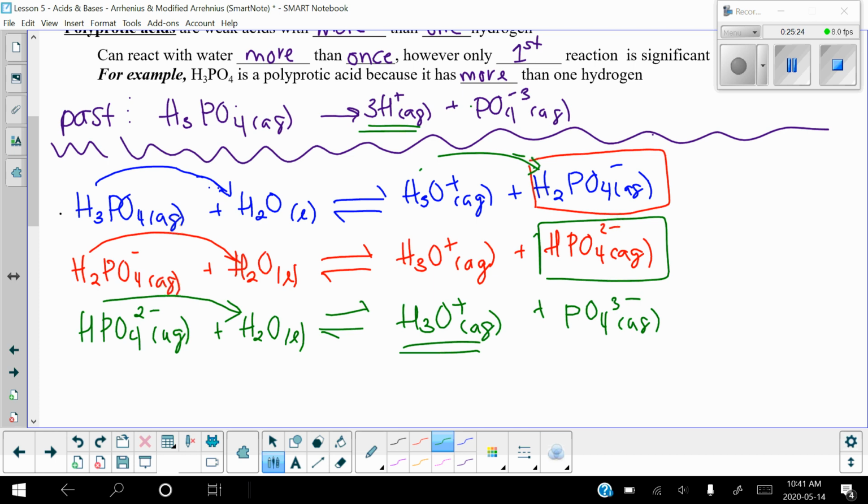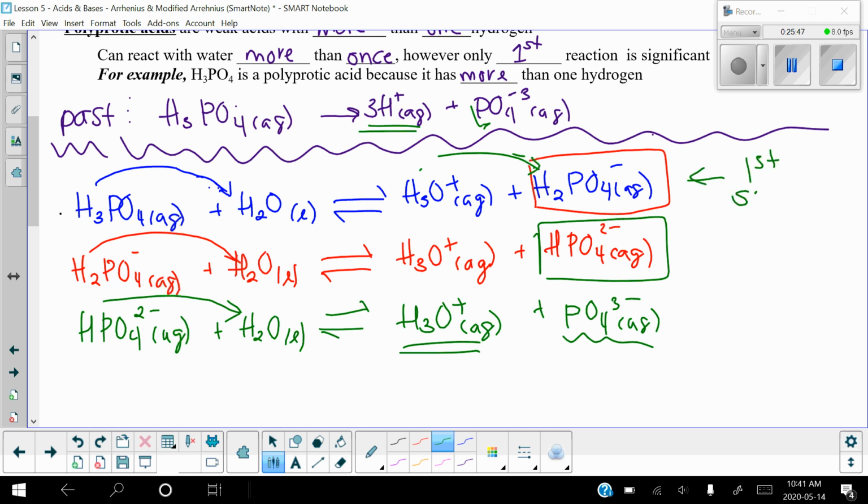Okay, so notice how we produced hydronium 3 times. Notice how our end product at the last reaction was PO4 3 minus. The reason being is that this is making a net reaction, and we'll talk a little bit more about net reactions in the stoich unit. But basically, in an acid-base reaction, this first reaction is significant.